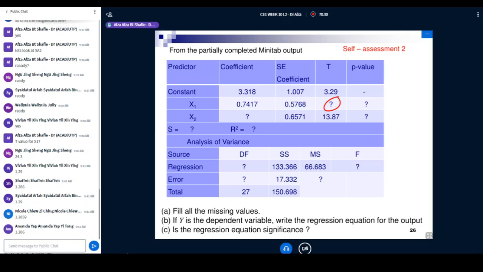So you get it to be equal to 1.286, I think so. Okay, so this is how we get the T value for X1.